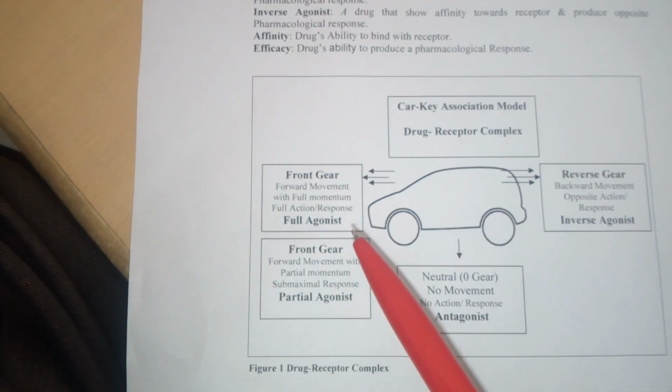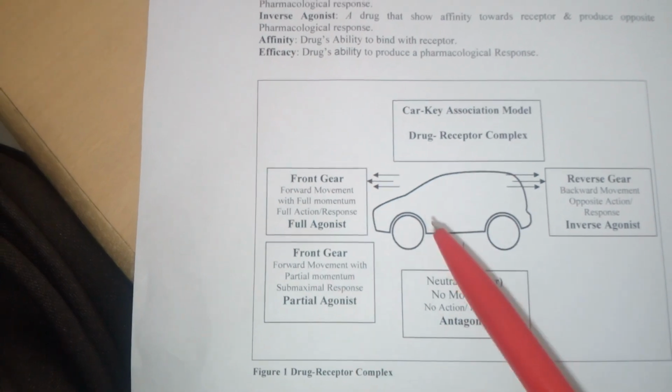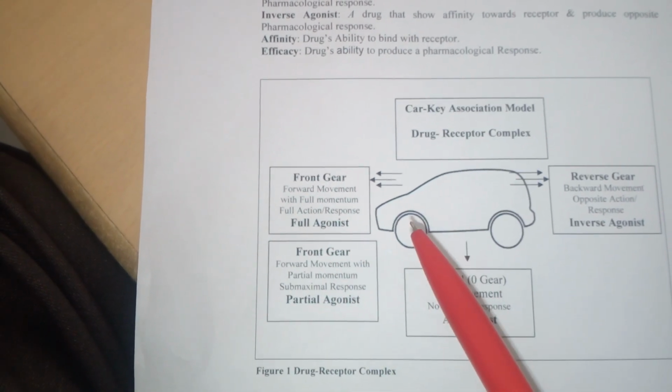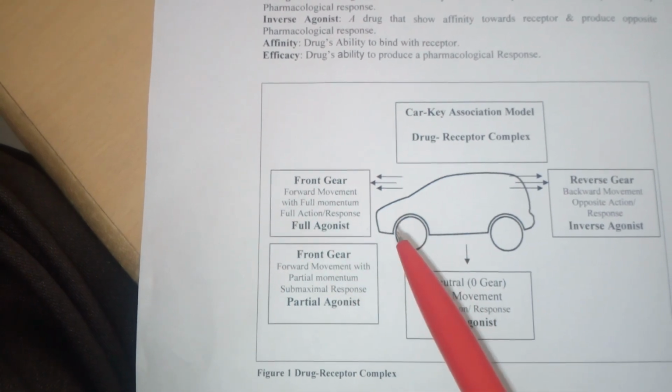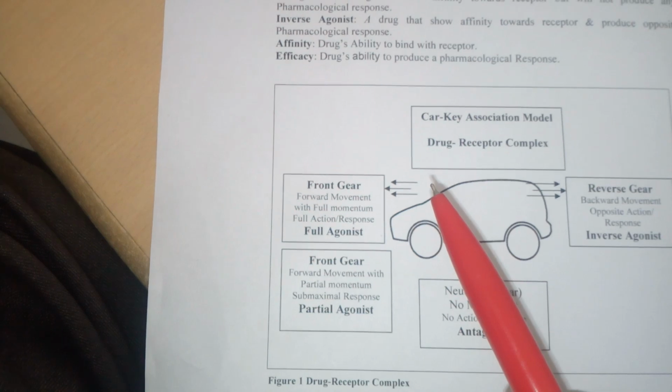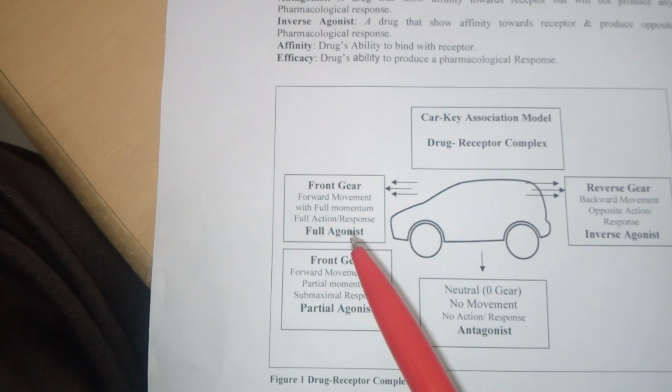As we know, for an agonist to elicit some pharmacological response, the agonist should bind to the receptor, meaning it should show some affinity, and it produces a maximal efficacy: a full agonist.